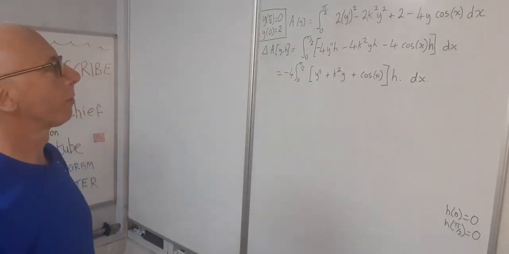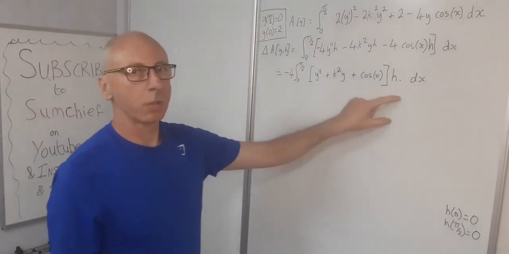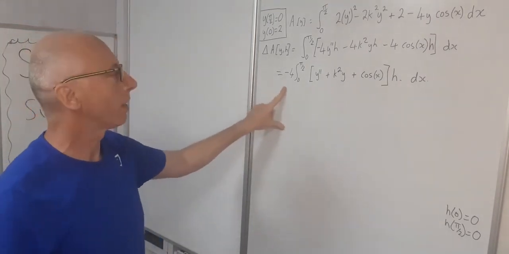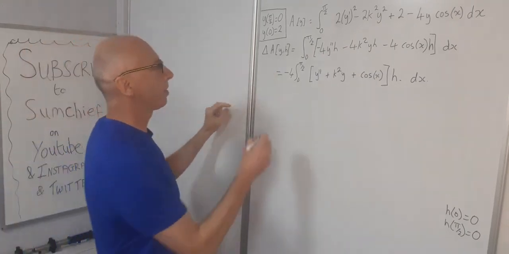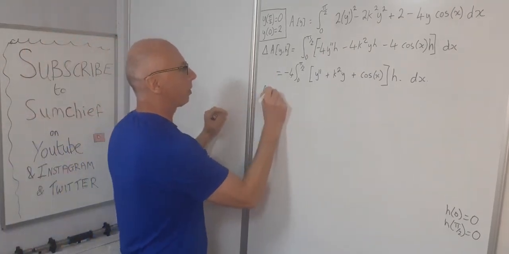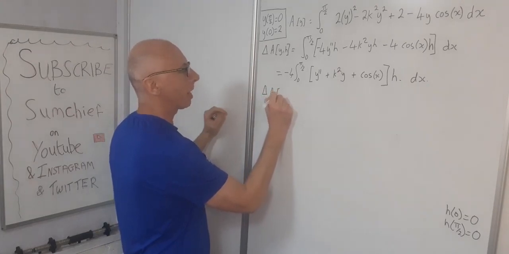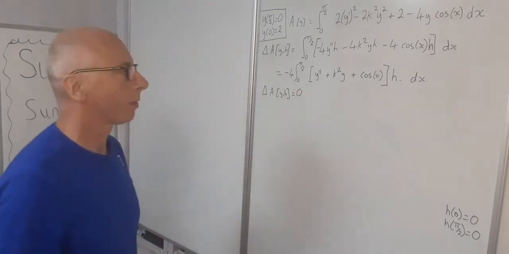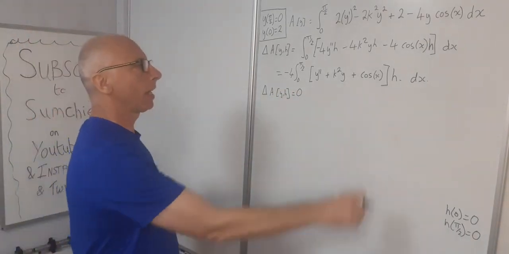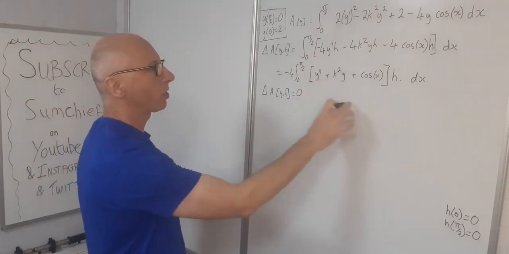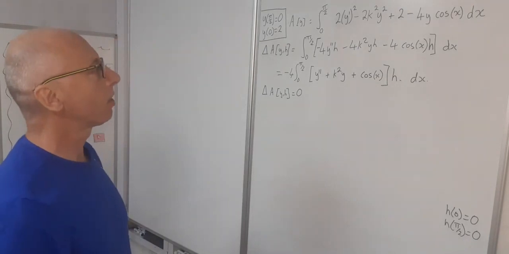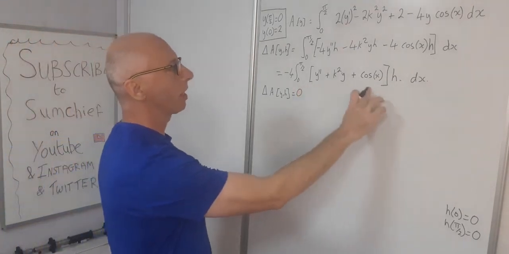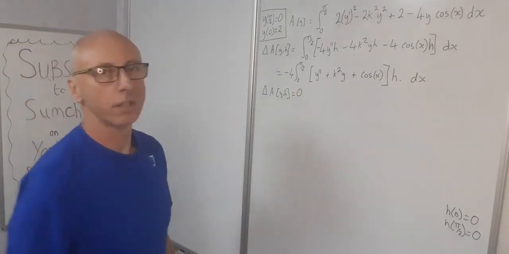Okay, so as we're doing calculus of variations and we're trying to find a stationary path, this Gateaux differential should be set to 0. So therefore what we have is, by the fundamental lemma of calculus of variations, this should be 0. Now, inside 0 to pi over 2, h is not necessarily 0. We don't know anything about it. So the only way we could have a 0 is if we set this to 0.